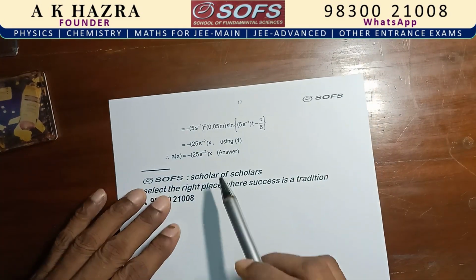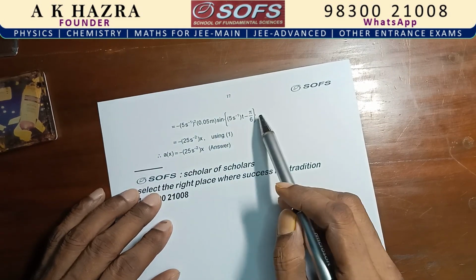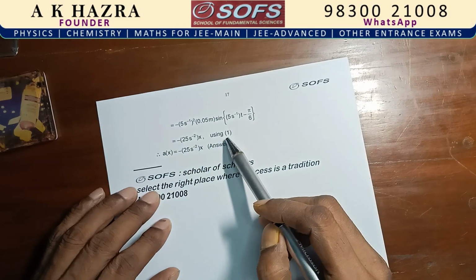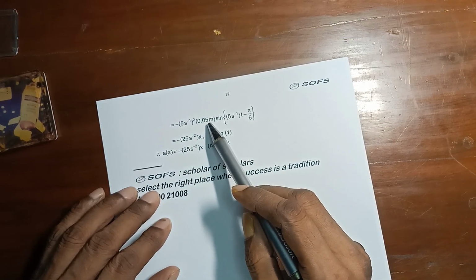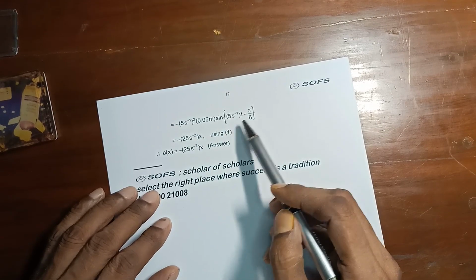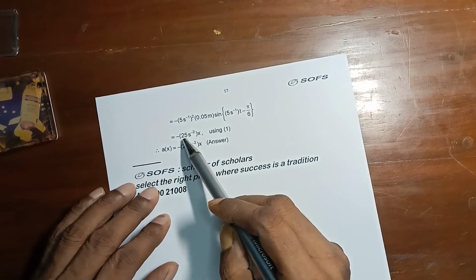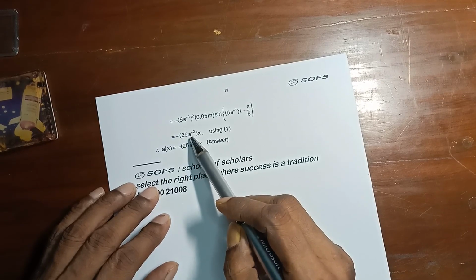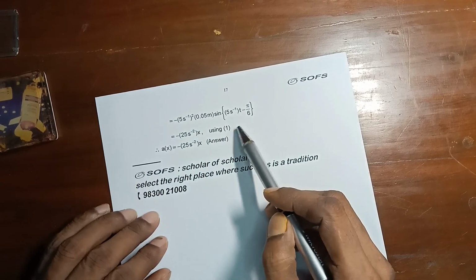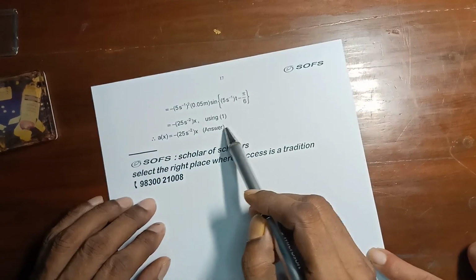So ultimately we have this sine of this one. Now you see equation number 1, 0.05 meter sine of this equals x. So we will have minus 25 second to the power minus 2 into x, using 1. So this is the acceleration as a function of x.